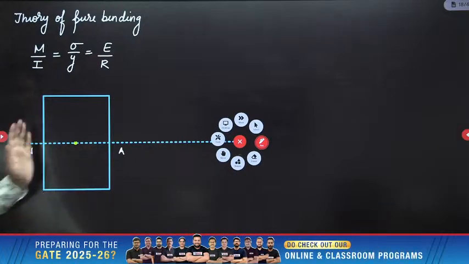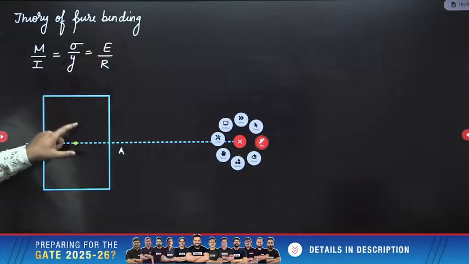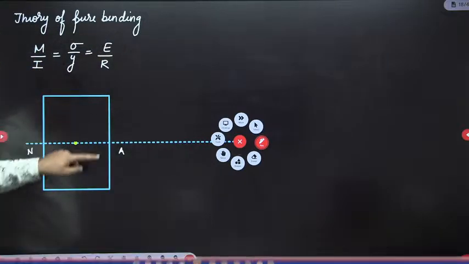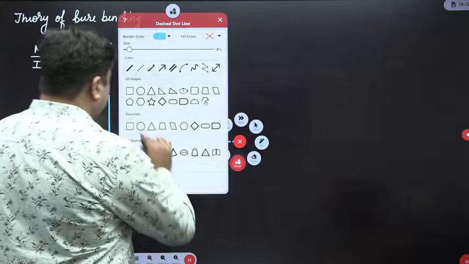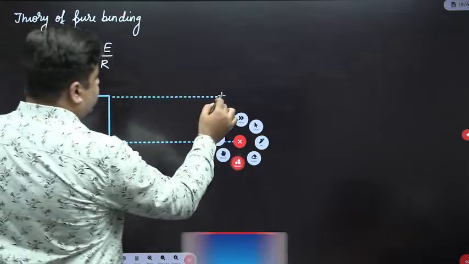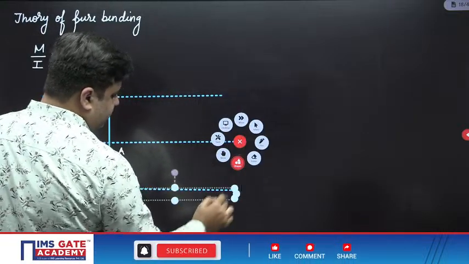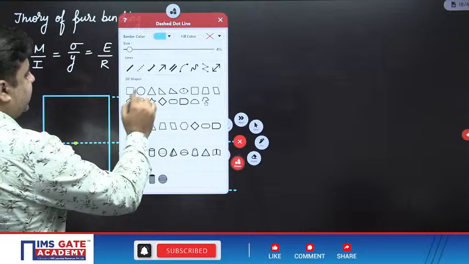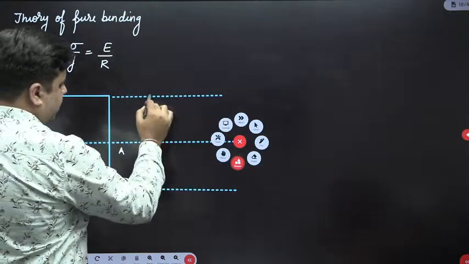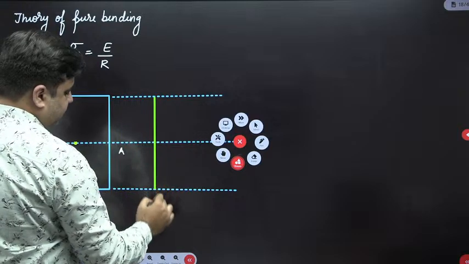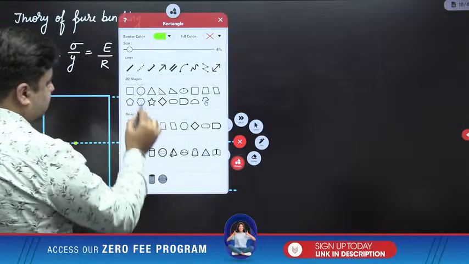Due to this bending, there will be development of bending stresses in the cross section like this, and these bending stresses vary linearly. So first of all, you need to draw the bending strain distribution. It will vary linearly like this.